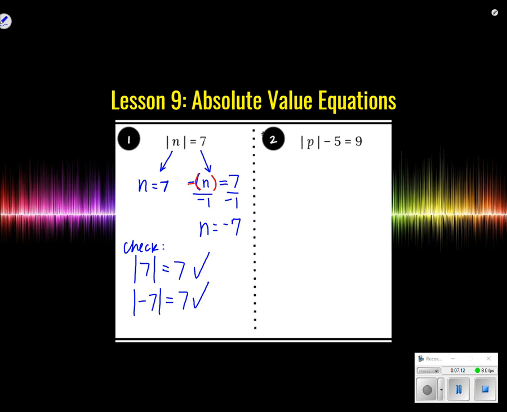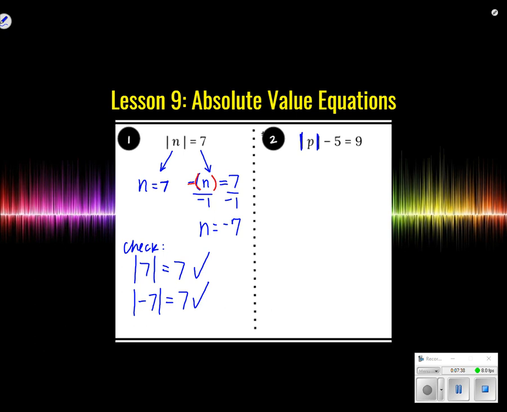Let's look at number 2. So number 1, we already have the absolute value isolated. Number 2, the absolute value is not isolated on the left side. I have that -5. I have to move the -5 first before I do my split into 2. If I don't do that move, I'm going to possibly end up with an incorrect answer or 2.